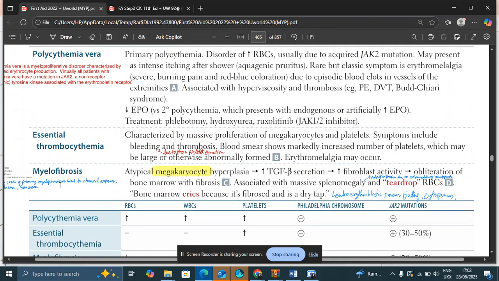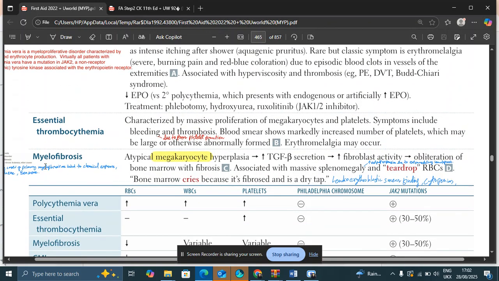Now myelofibrosis. From the name, myelo means myeloid stem cells, and fibrosis means there's going to be fibrosis. So, bone marrow fibrosis. Always remember that in myelofibrosis the bone marrow will be fibrosed, and when we do the bone marrow aspiration, there is going to be a dry tap.